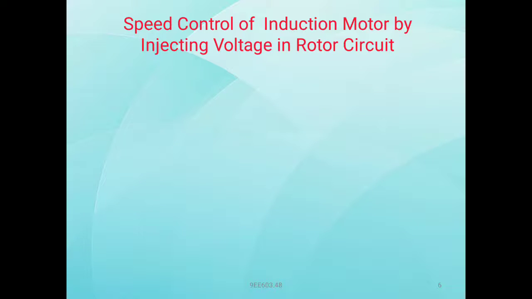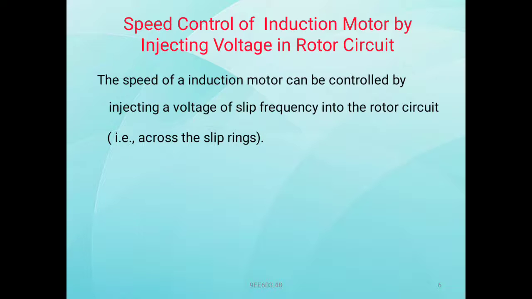The speed control of induction motor by injecting voltage into rotor circuit. Here the speed of induction motor can be controlled by injecting a voltage of slip frequency into the rotor circuit. In general, how can we control the speed?